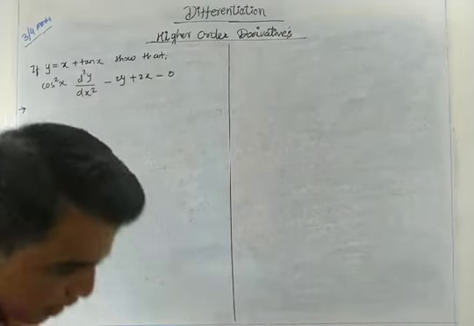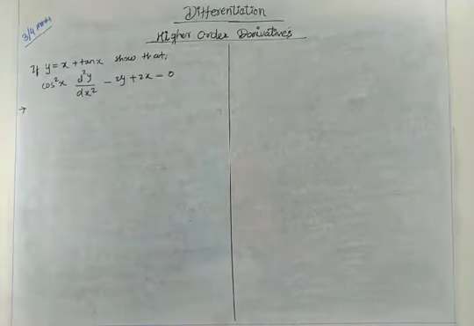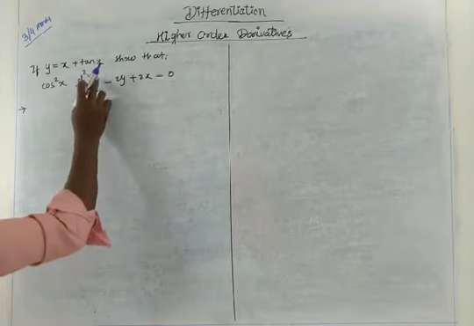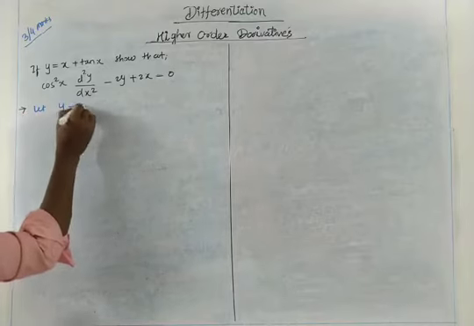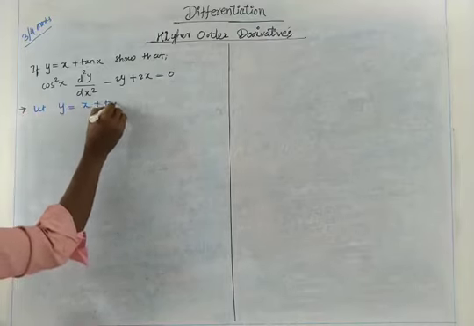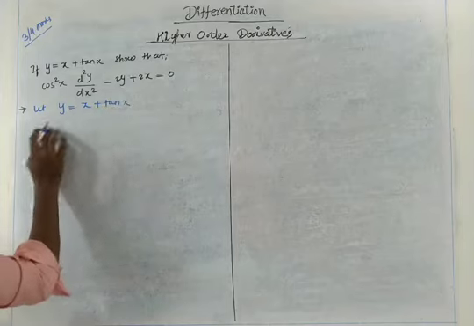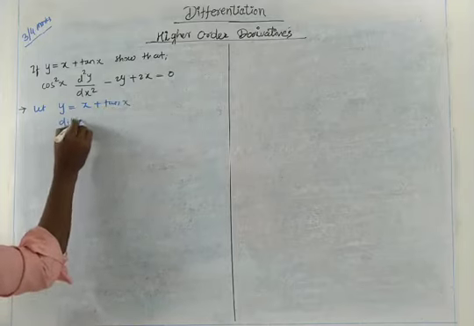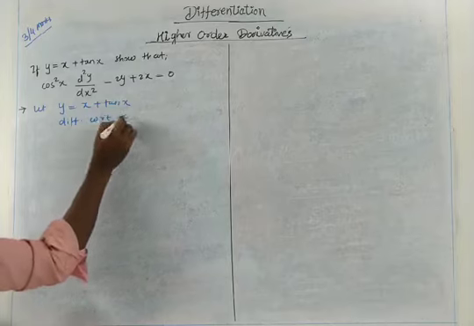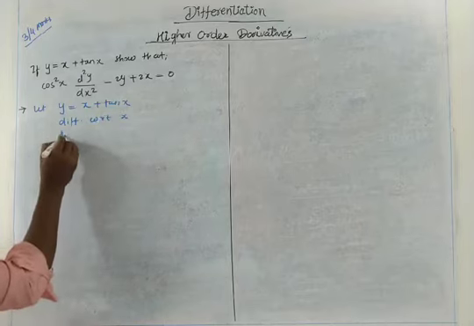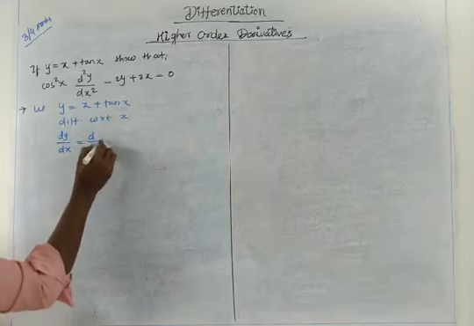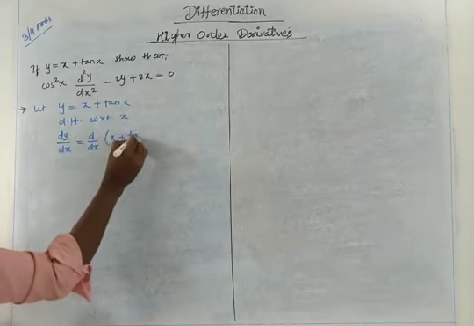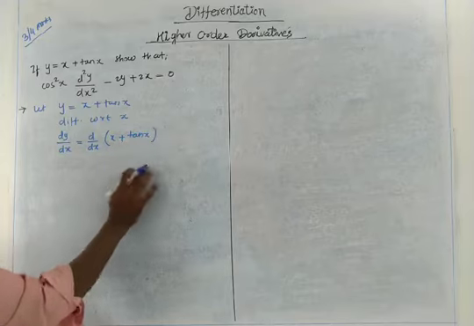Y is equal to x plus tan x. So we need to find the second order derivative. Start with our basic step. Let y is equal to x plus tan x. Differentiate with respect to x. dy by dx is equal to d dx of x plus tan x.